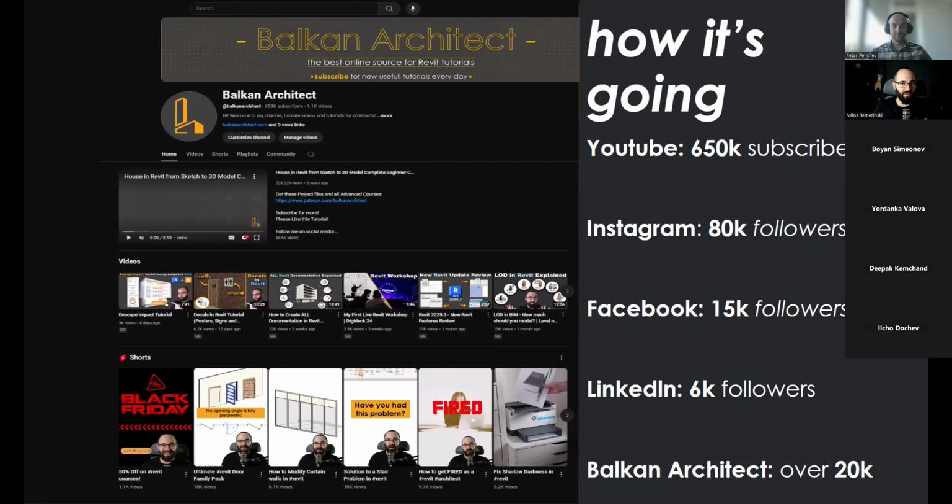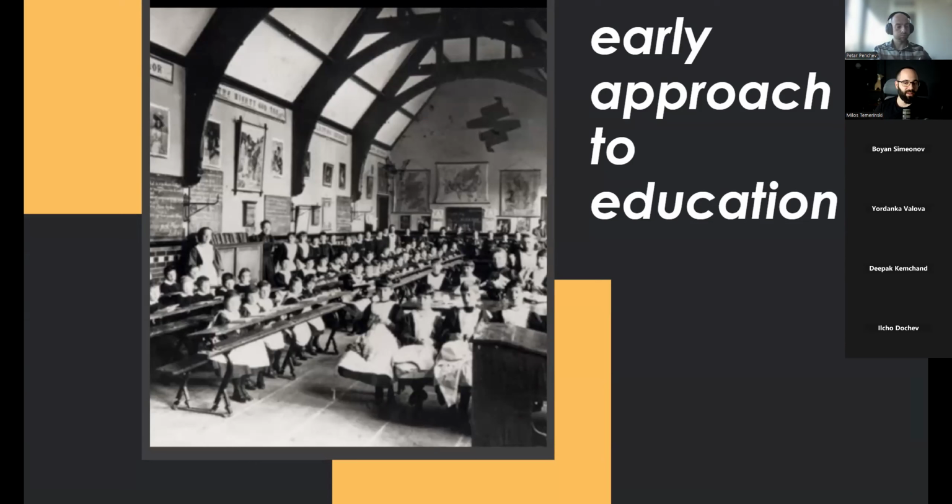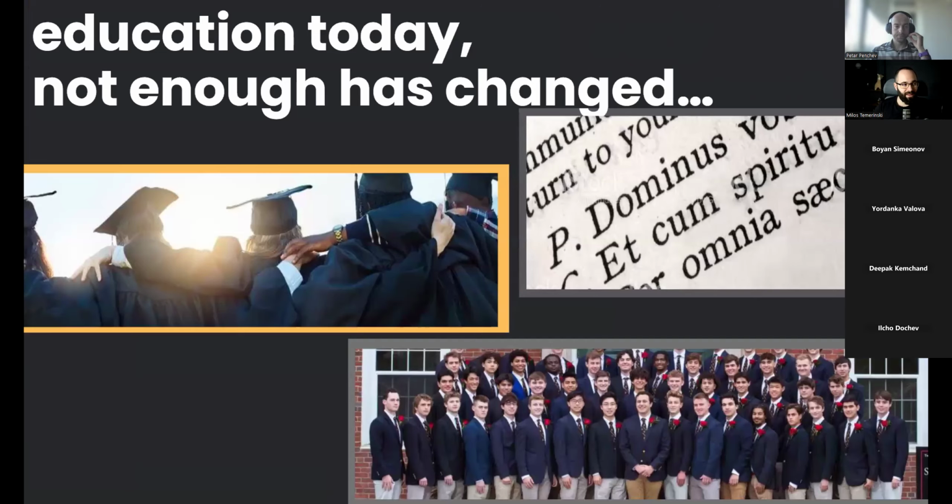Teaching basically started from religion. First schools were monastery schools, and the goal of education was to serve religious and cultural purposes. Then we had the Enlightenment, and again, it was less religious, but also serving the purposes of enlightenment. And when we look at academia today, not much has changed, which we can see from the roots of education in things like clothing, the titles, the Latin terms.